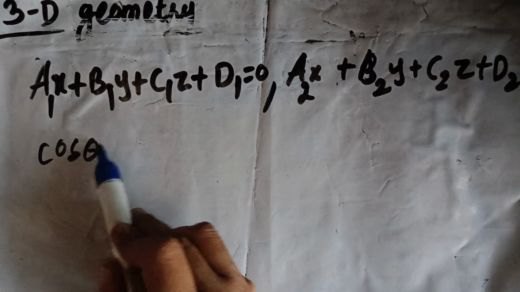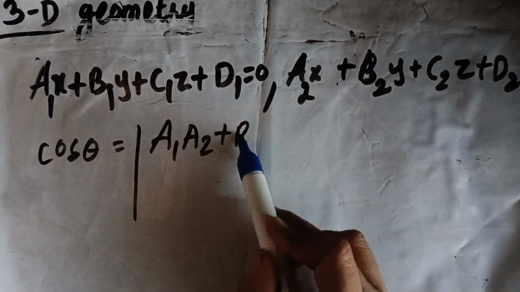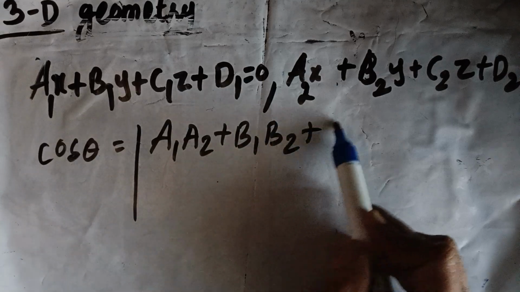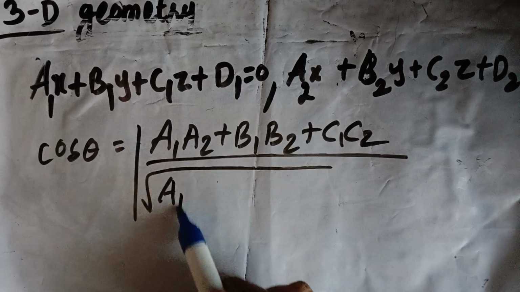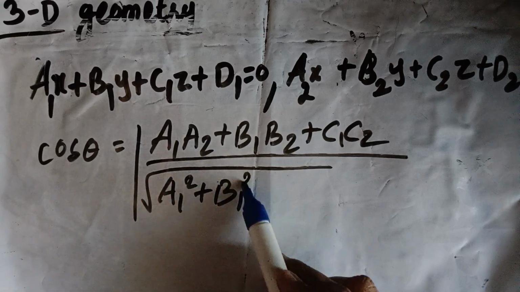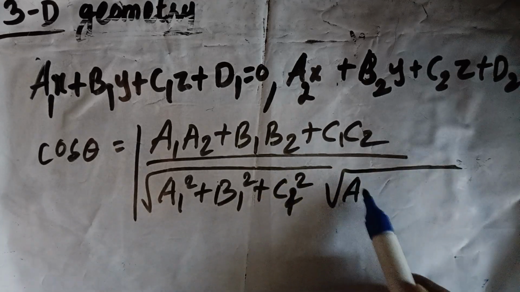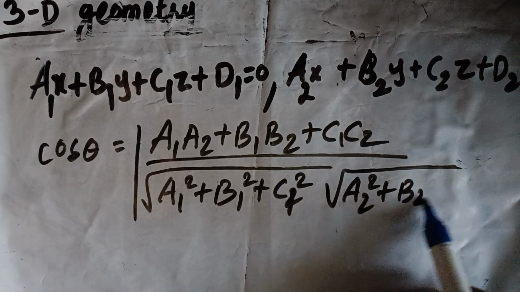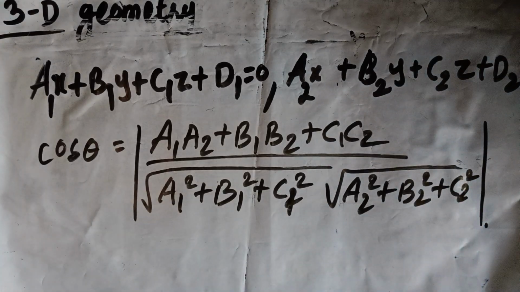Then cos theta is given by A1 A2 plus B1 B2 plus C1 C2 upon root of A1 square plus B1 square plus C1 square, times root of A2 square plus B2 square plus C2 square.